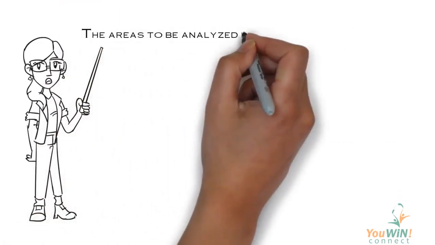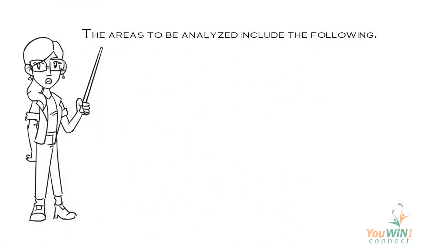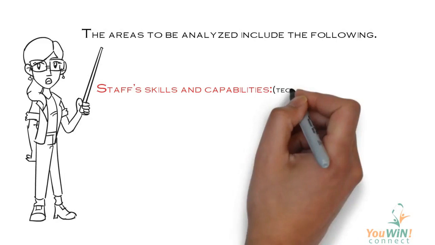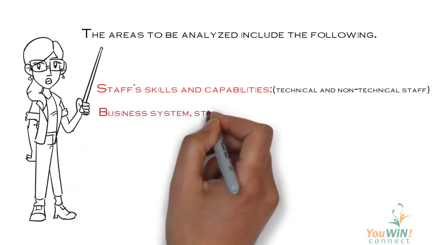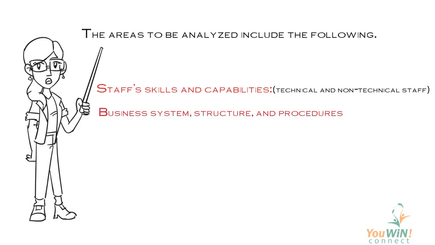The areas to be analyzed include the following: staff skills and capabilities. The result of analyzing the skills and capabilities of technical and non-technical staff will reveal whether they have the abilities to move to a new model. Business systems, structure, and procedures.